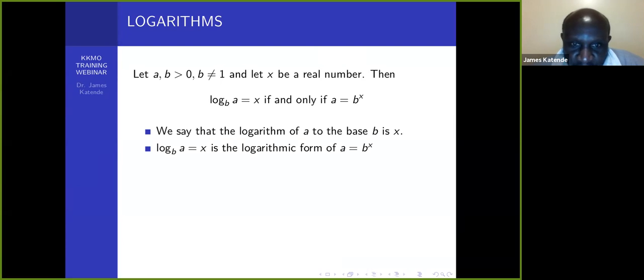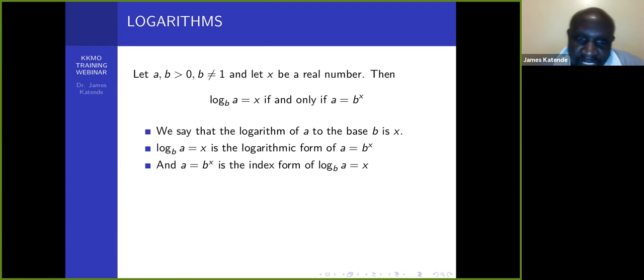This again talks about the logarithmic form of the expressions and equations. And the next one defines the index form or the exponential form. A is equal to B^x is the index form, and logarithm of A base B is equal to x is the logarithmic form. So we should be able to switch from one form to another comfortably.